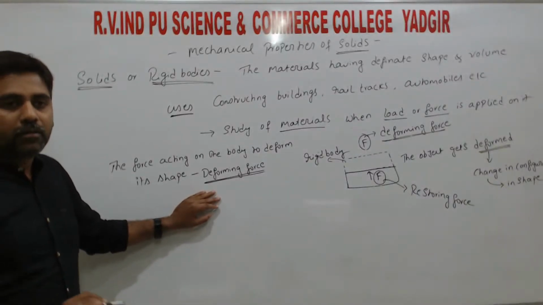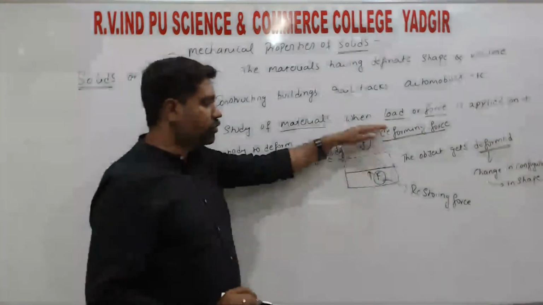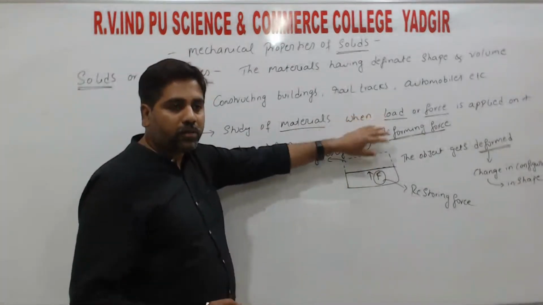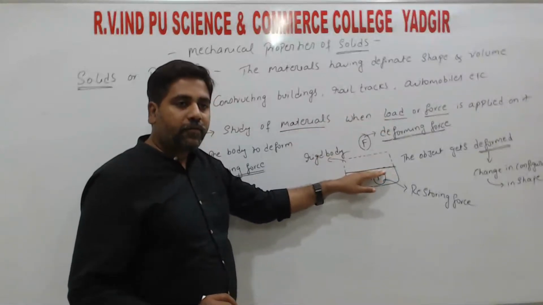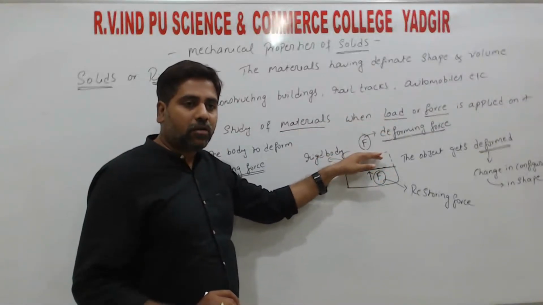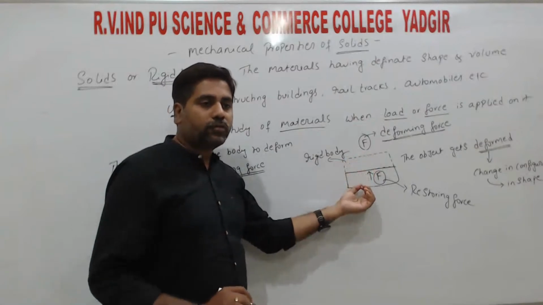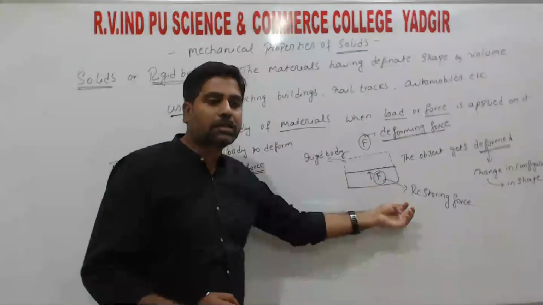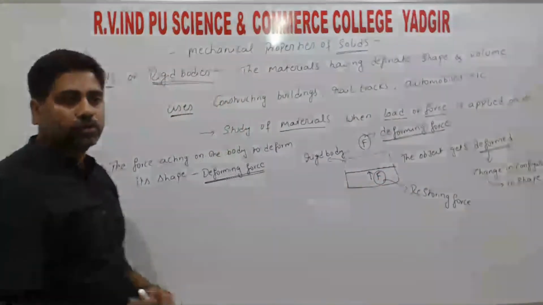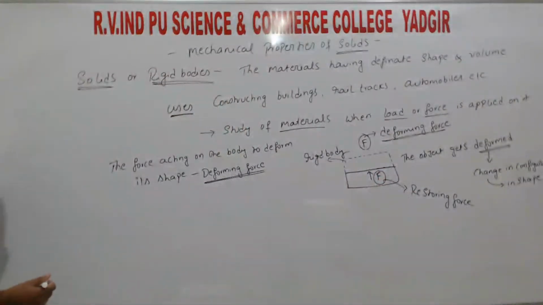So what is restoring force? When deforming force is removed, applied force na ನಾವು remove ಮಾಡಿದ್ವಿ ಅಥವಾ ತೆಗೆದಿದ್ದೀವಿ ಅಂದಾಗ, then the object will attain its original configuration. So the force which is required to attain its original configuration, that force we call the restoring force, right?